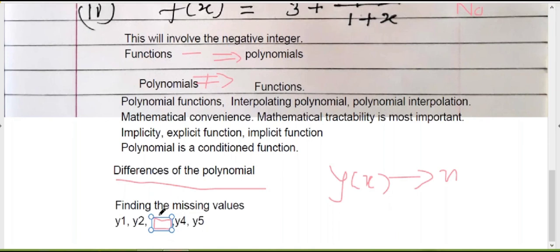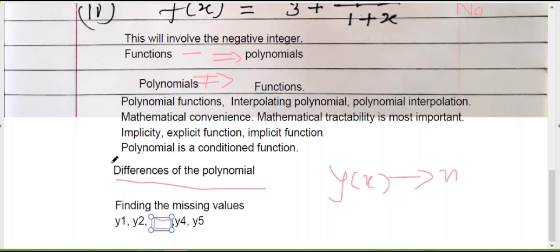So this very property, finding the missing values, was also a part of your course at the B.Sc undergraduate level. I remember that this was part of the M.Sc when we were studying, but now it has come down to the level of B.Sc, and this is very fundamental.